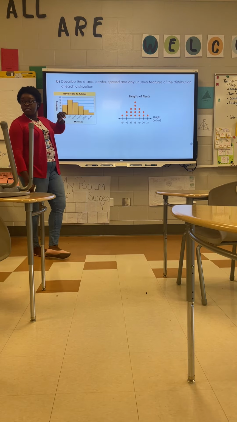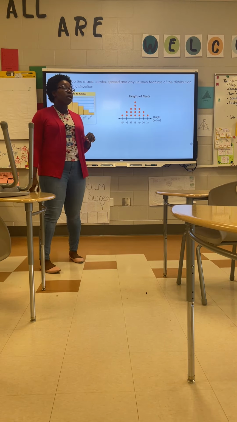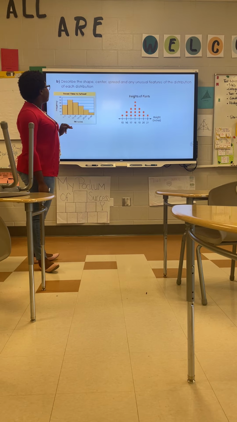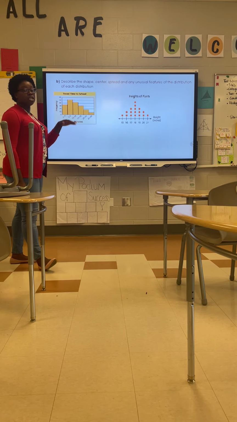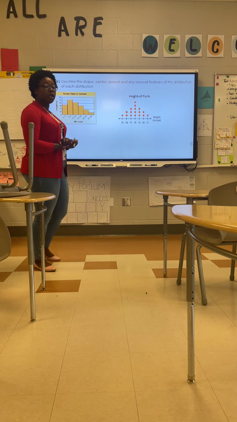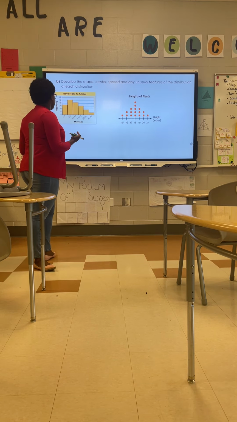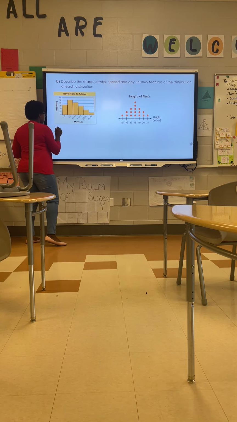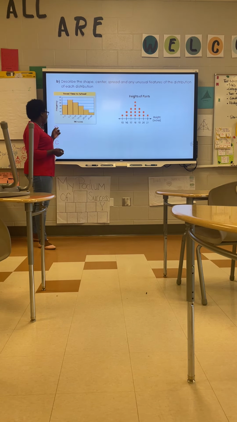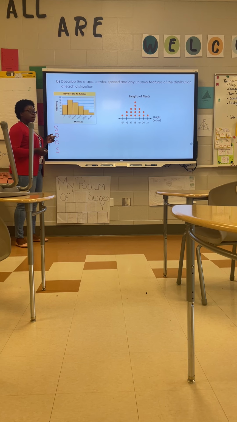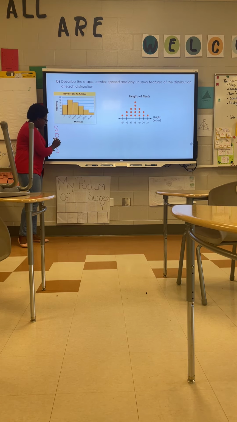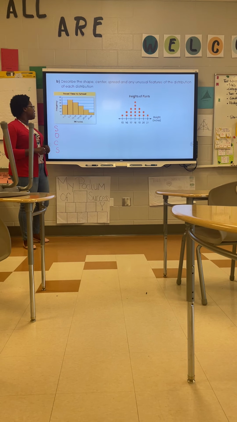This part says describe the shape, the center, the unusual feature, and the spread of each distribution. As I was explaining earlier, your data is described using the method known as the SOCS method. The first S is the shape, the O is the outlier or any unusual feature, the C represents the center, and the last S represents the spread.